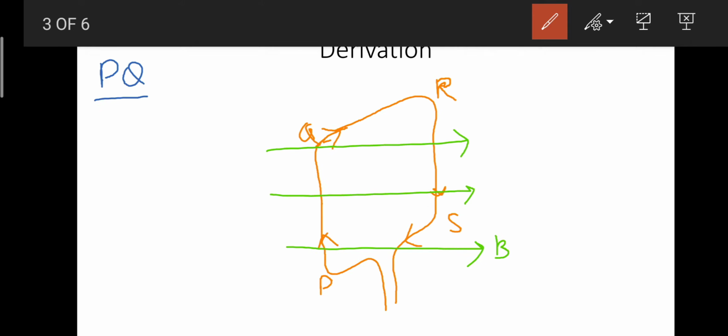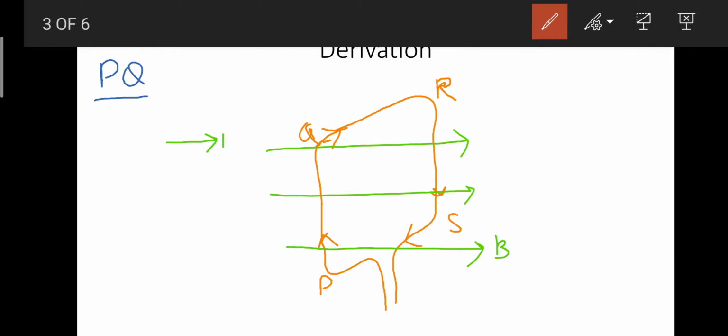Okay, now we are going to find out the direction of the force acting on the side PQ. For this we see that the direction of the magnetic field is towards the right side. Using Fleming's left hand rule, I'm going to direct my forefinger in the direction of the magnetic field.